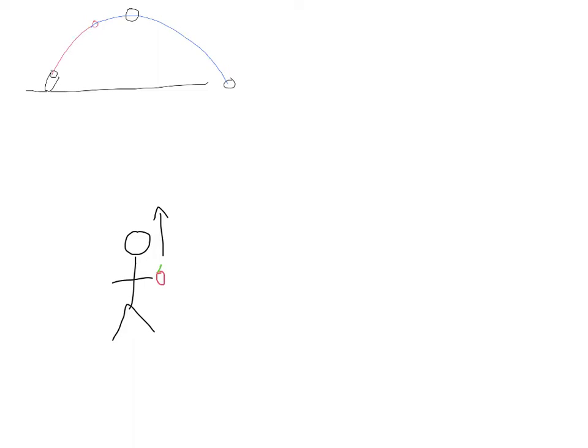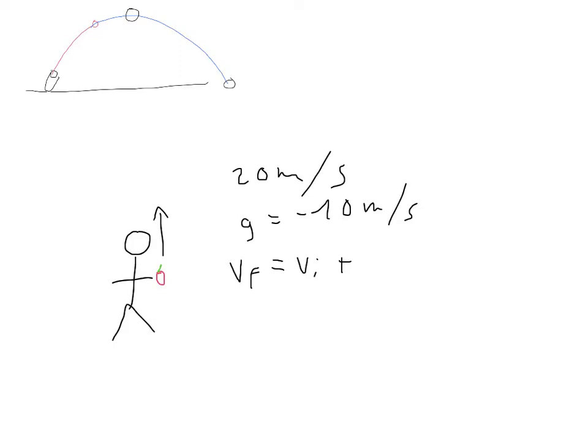You know that, for example, if the initial speed is 20 meters per second, you know that the acceleration of gravity is minus 10 meters per second squared, and you know that the final speed is the initial speed plus acceleration times time, and in this case the acceleration is the acceleration of gravity, so plus minus 10 times t, right?